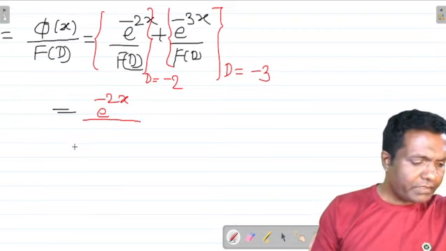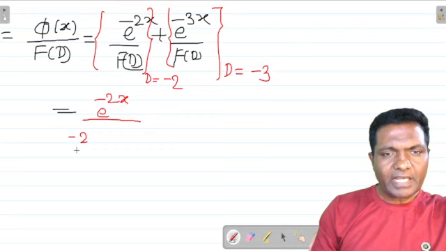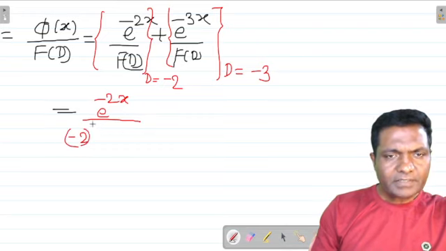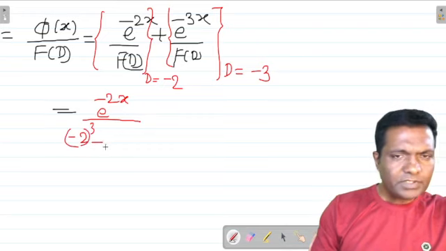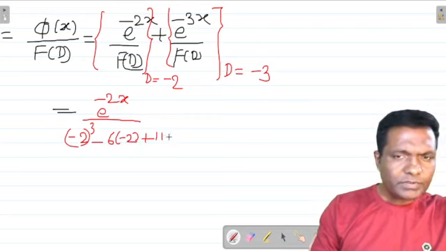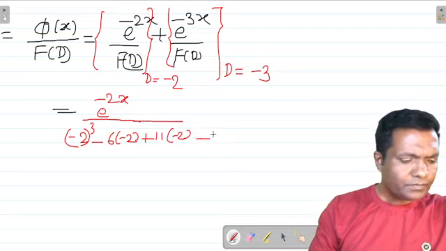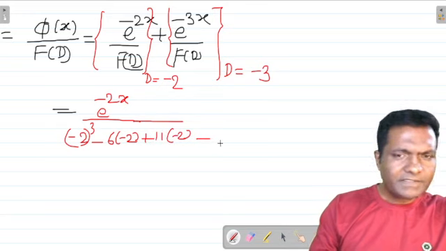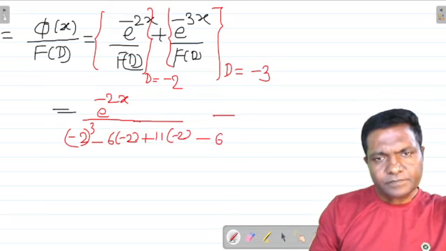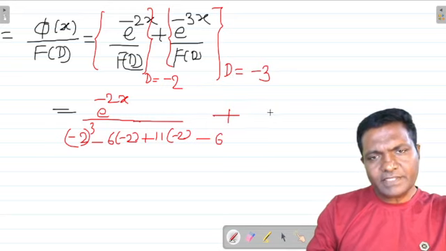The expression has minus D cube, so it's minus 2 cube minus 6 into minus 2 plus 11 into minus 2 minus 6. In the second term you replace D equal to minus 3.